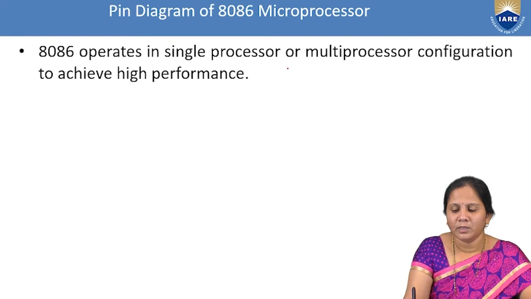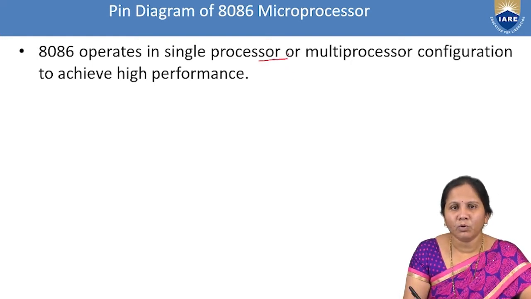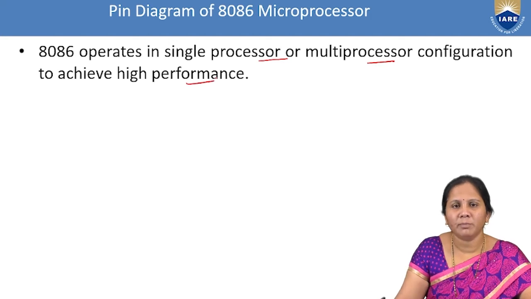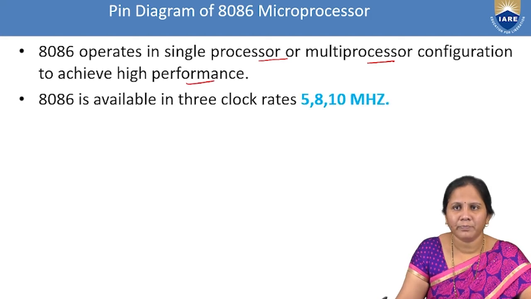Now, because of these modes of operation, since the 8086 microprocessor can operate in single processor mode and multiprocessor mode, we can say that high performance can be achieved.